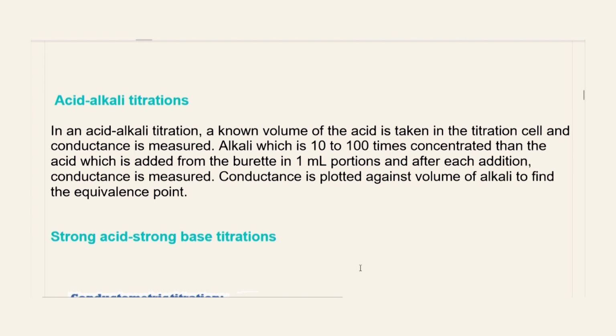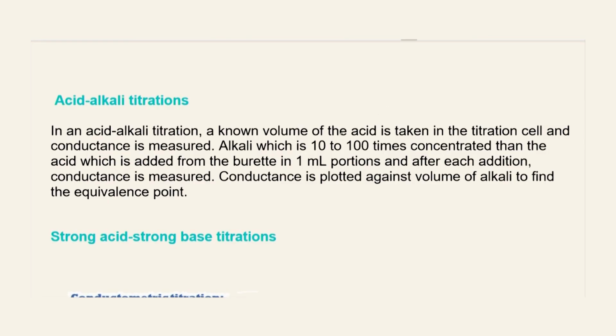First one is the acid alkali titration. Normally we do it in a volumetric way, and in this case it is slightly different, we are measuring the conductance. Now, in an acid alkali titration, a volume of the acid is taken in the titration cell, and conductance is measured.